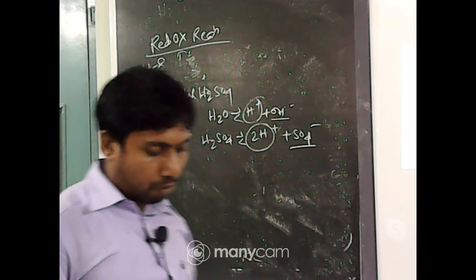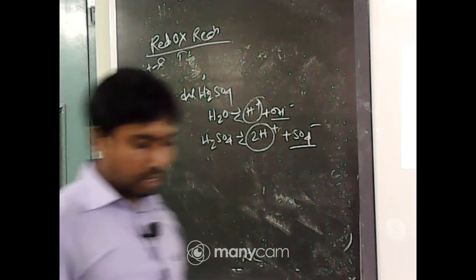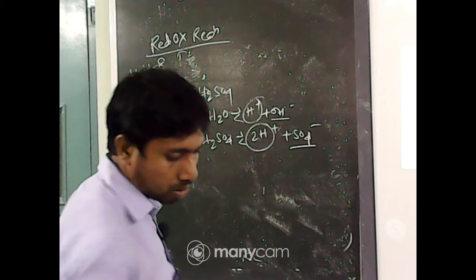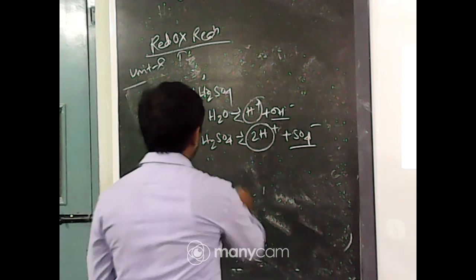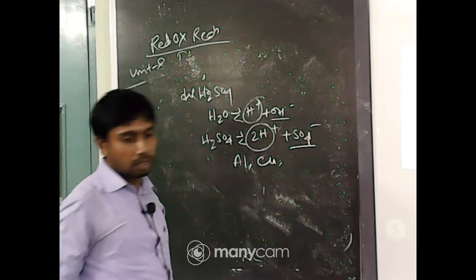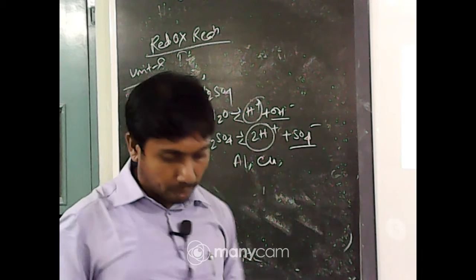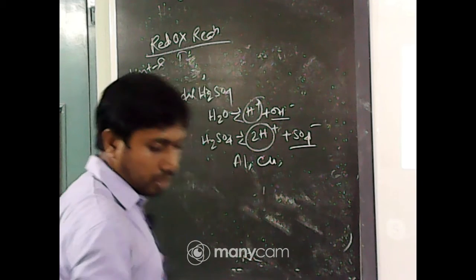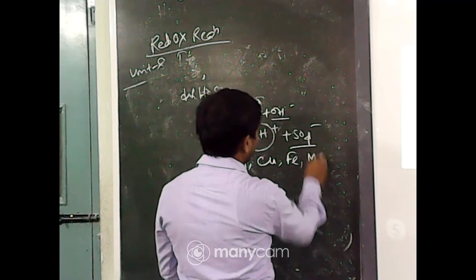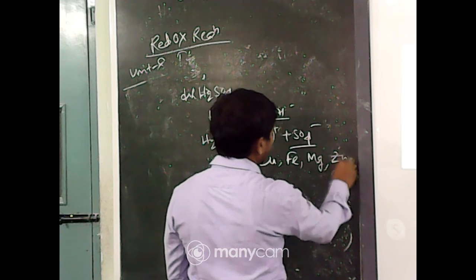Next, arrange the following metals in the order in which they displace each other from their salts: aluminium, copper, iron, manganese, magnesium and zinc.